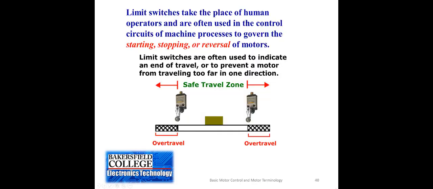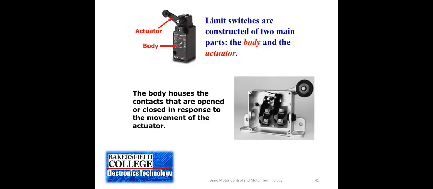And again, this slide will show how we use limit switches to determine the limit, the safe movement, the safe travel zone of a movable surface. This is a picture at the right-hand side of what a limit switch might look like inside.